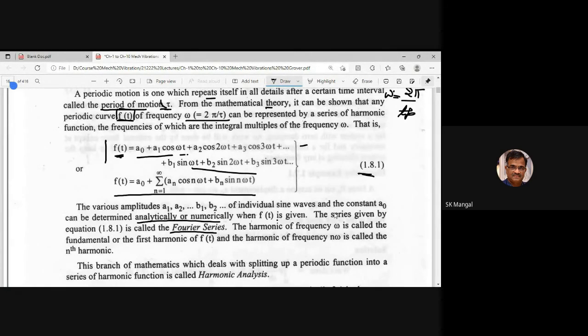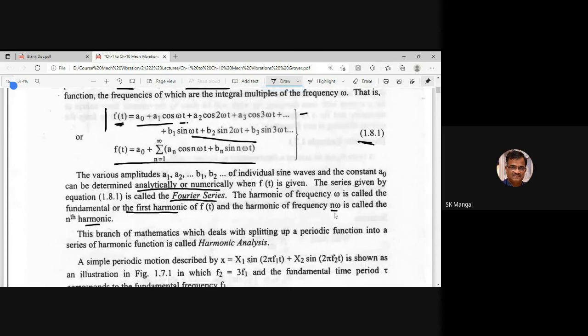In this Fourier series, you have frequencies omega t, 2 omega t, and so on. The omega t is known as the fundamental or first harmonic of f(t), and n omega is known as the nth harmonic of the same function f(t).